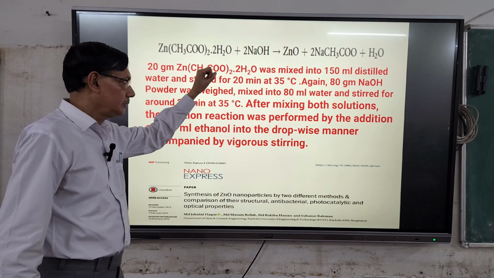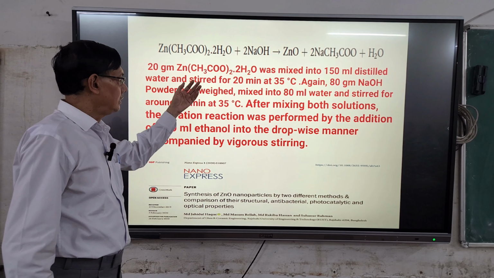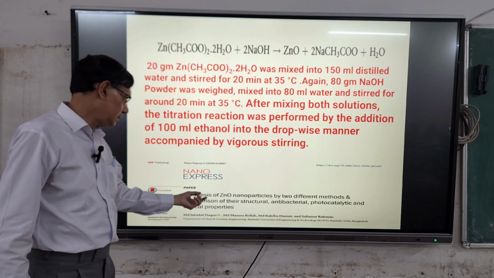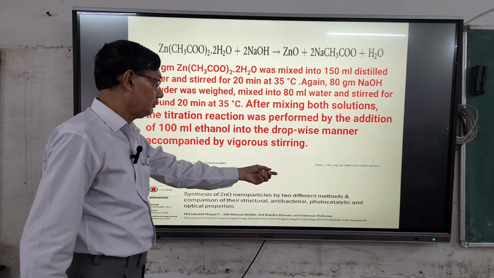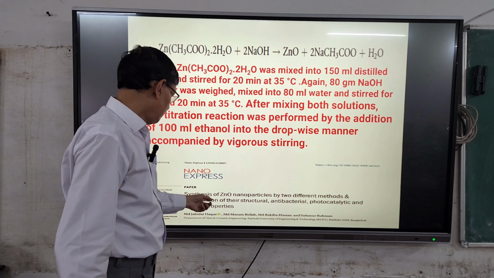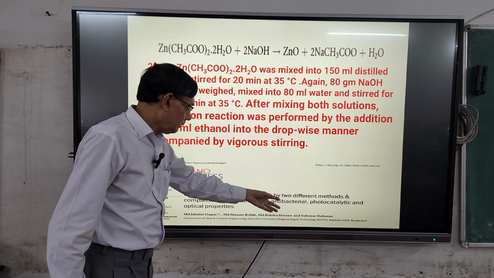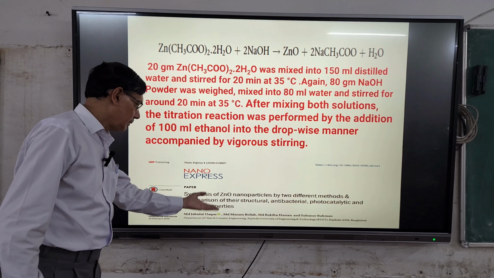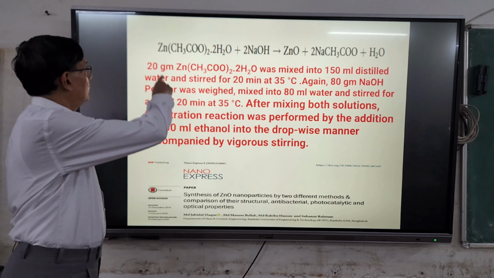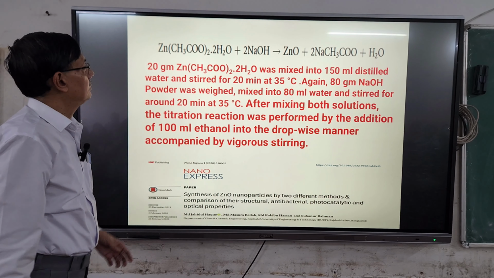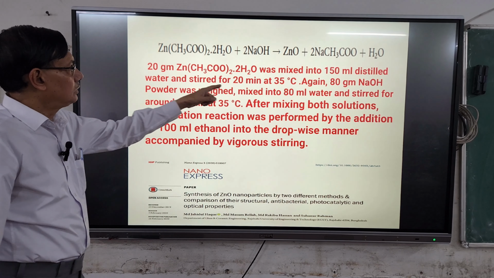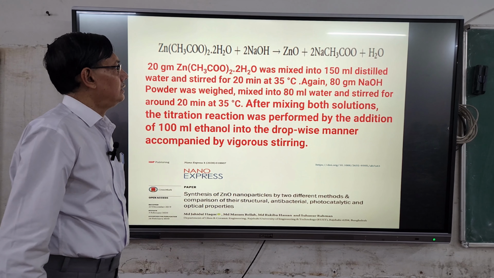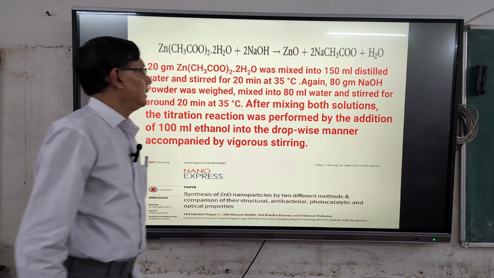So I have searched the literature, and this is also a very good research paper in Nano Express: synthesis of zinc oxide nanoparticles by two different methods, comparison of their structural, antibacterial, photocatalytic and optical properties. So don't worry about the properties and the application. You see that zinc acetate, a very simple method, was mixed with 150 ml distilled water and stirred for 20 minutes at 35 degrees. Very low temperature.